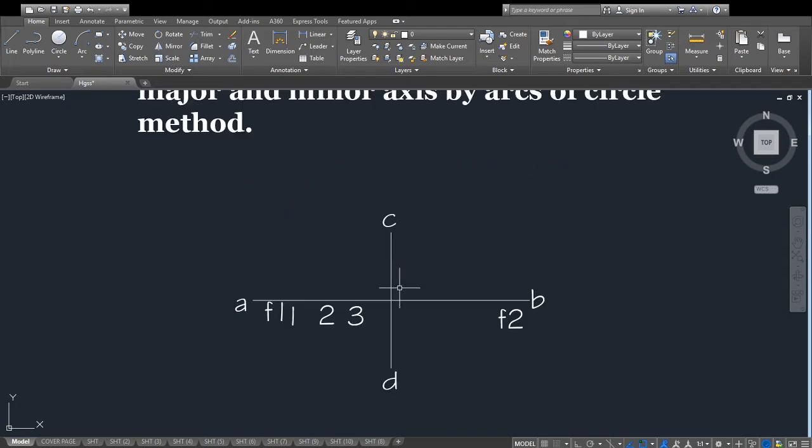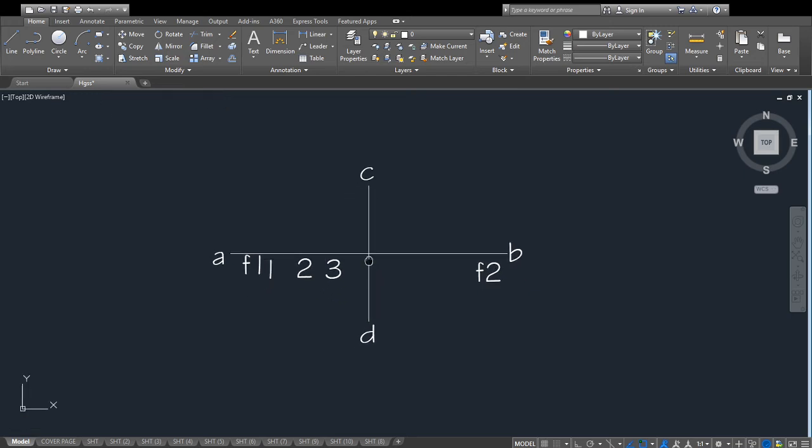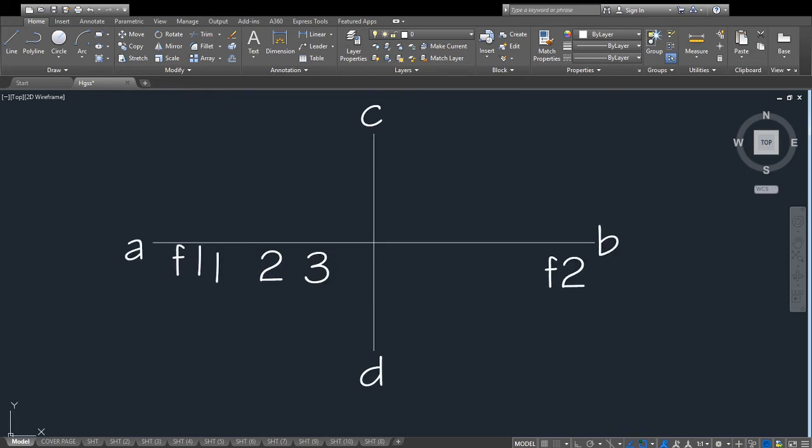Now we have this. We have our major axis, our minor axis, and then we have F1 and F2 here. F1, F2 are the focal points.